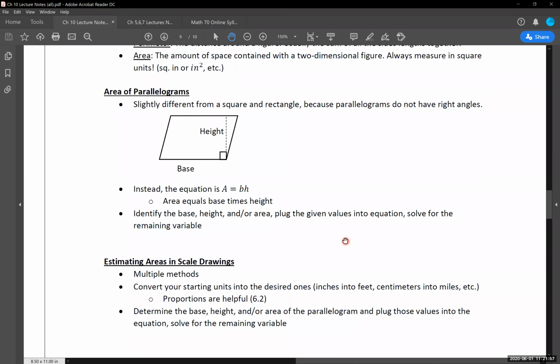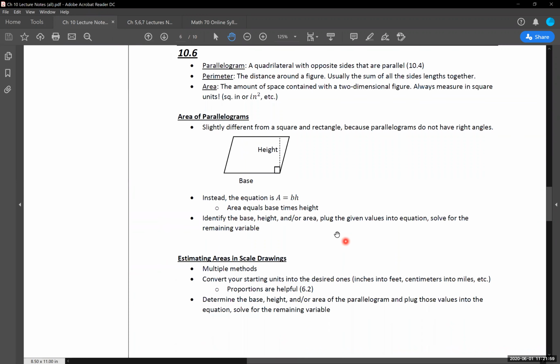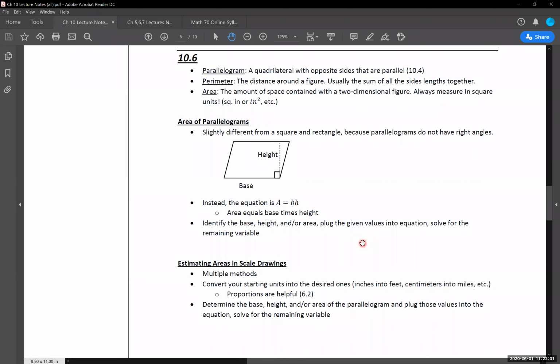So 3/4 of what we're covering here in 10.6 is just a lot of review. 6.2, it's just review.